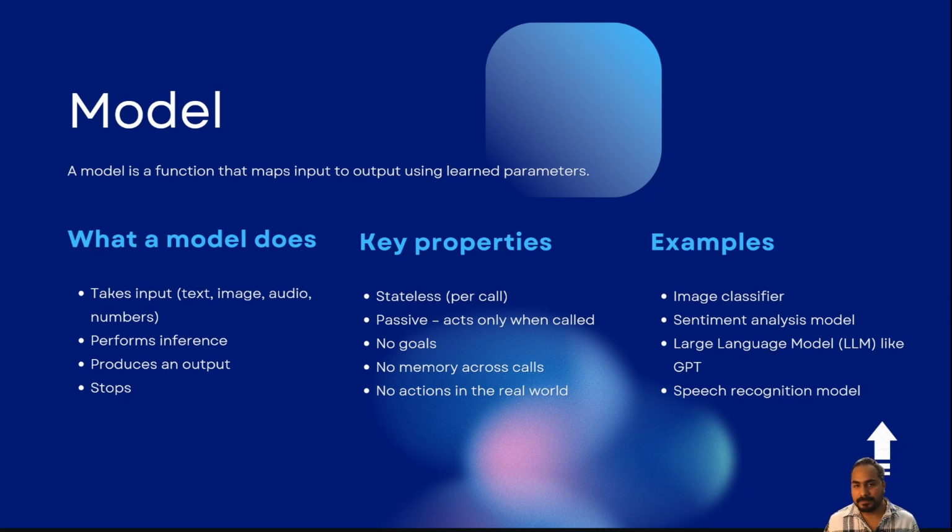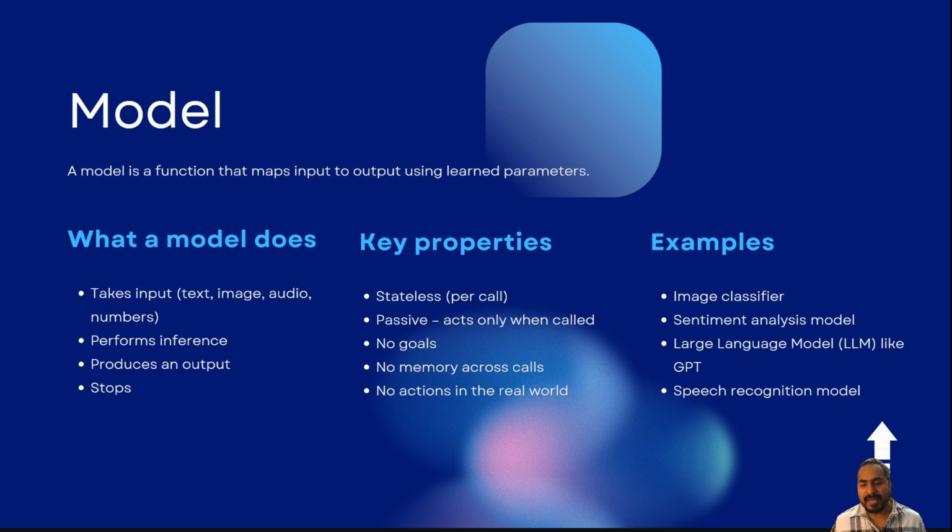End of transaction. Here's what's crucial to understand about models. One, they're stateless per call. Each time you call a model, it starts fresh. It has no memory of the previous calls. Two, it's passive. A model sits there doing nothing until you call it. It doesn't decide to act on its own. Three, no goals.